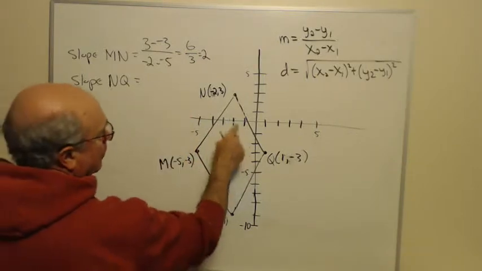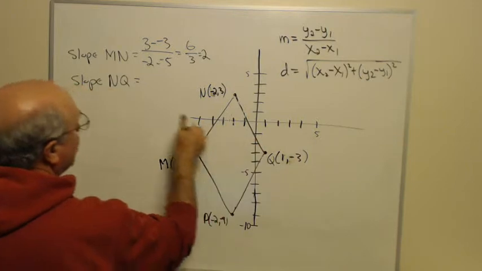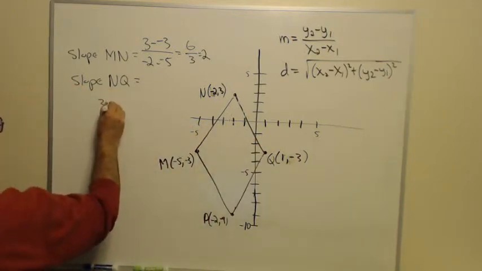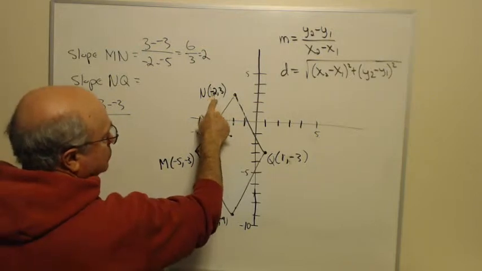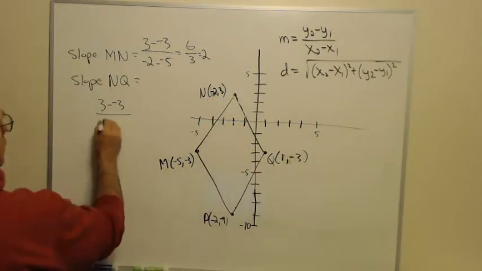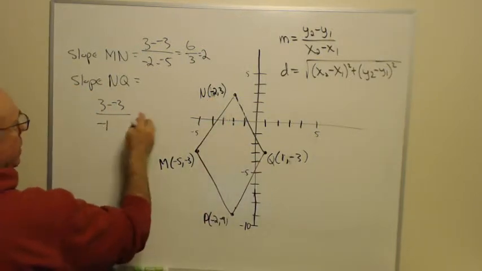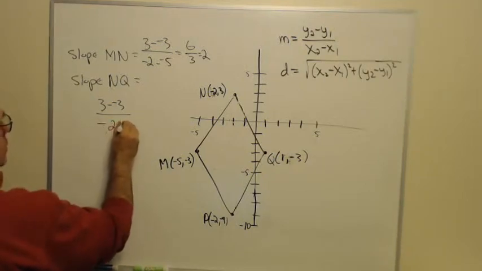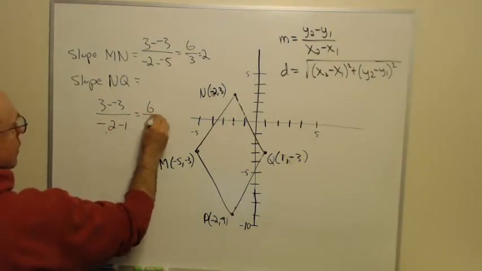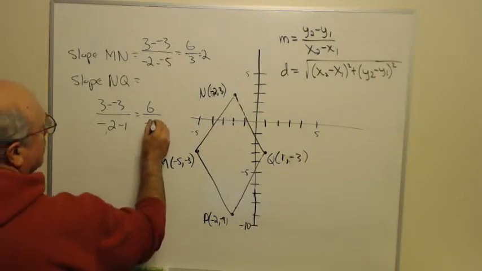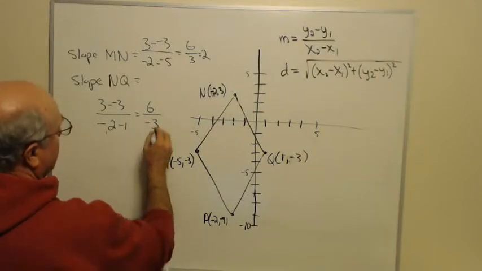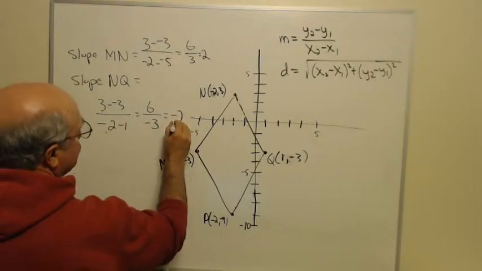Y2 minus y1 is 3 minus -3. X2 minus x1, -2 minus 1. Well, that's 6 over -3. And that is -2.